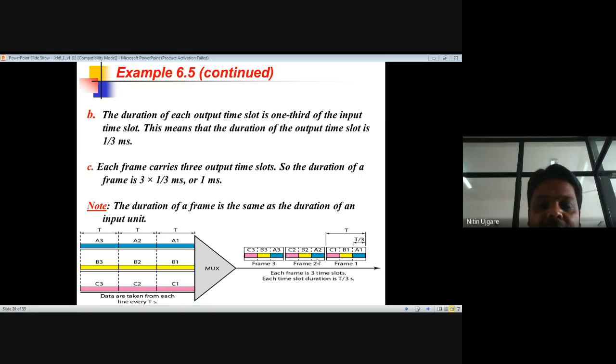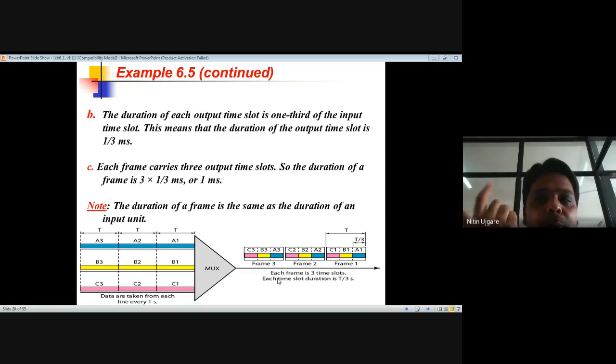Same as the second time frame, which consists of A2, B2, and C2, and so the third time frame, frame number 3, contains A3, B3, and C3. So the duration of a frame: each frame carries 3 output time slots, so 3 times the output time slot.